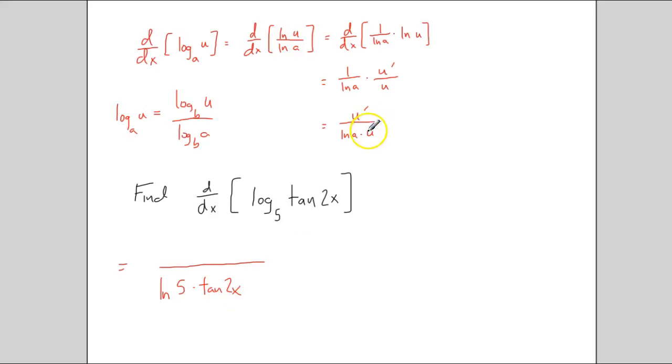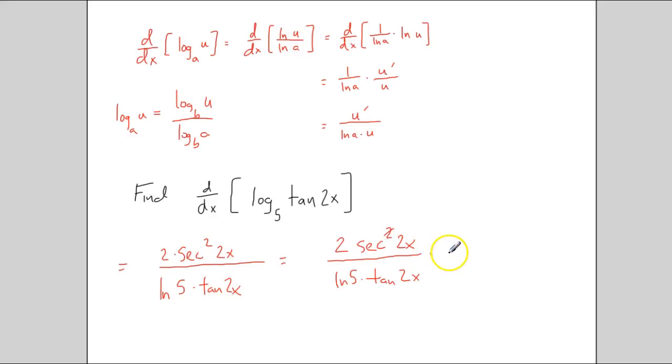And then we're going to take the derivative of that tangent 2x and put it on top, so that would be secant squared 2x. And then the derivative of the 2x would be 2. I'm going to stick that here in the front. Okay, so we end up with 2 secant squared 2x divided by the natural log of 5 times tangent 2x.